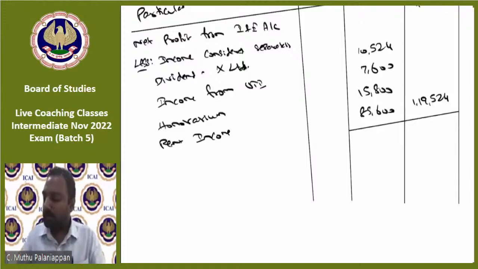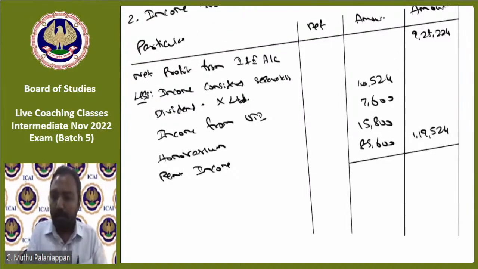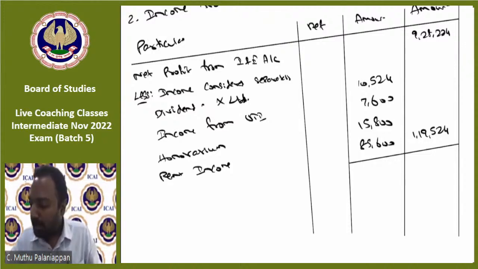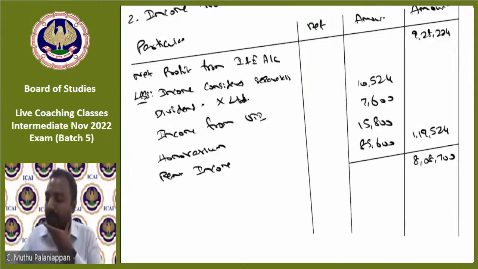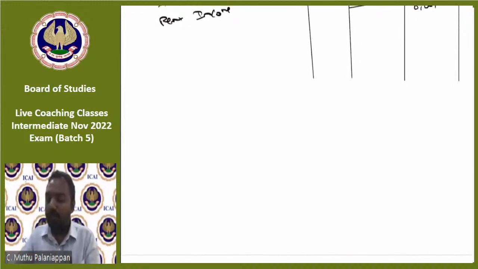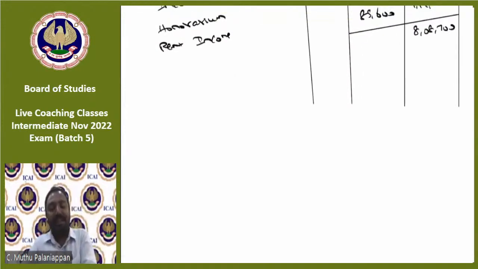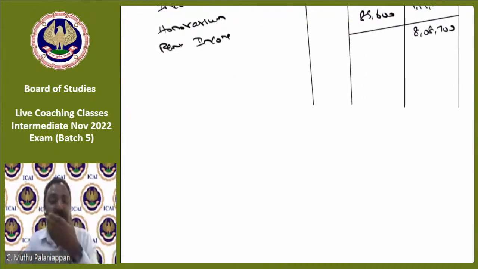So what does this become? Minus, right? Sorry, I have to reduce it from 928,224. So I get 808,700. Okay.